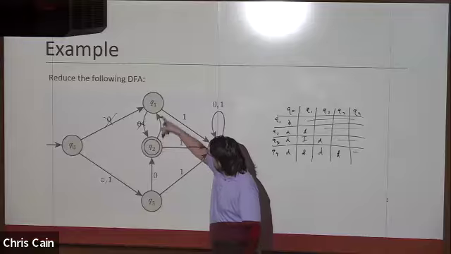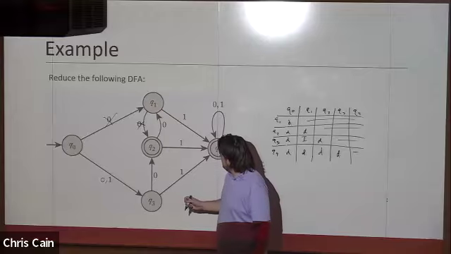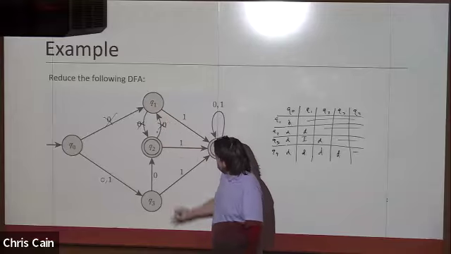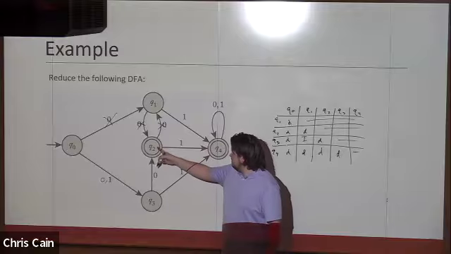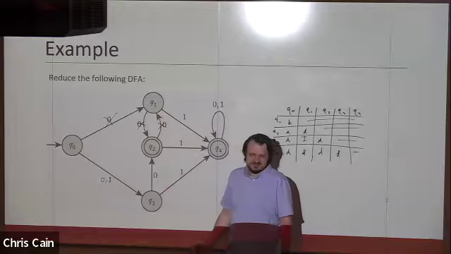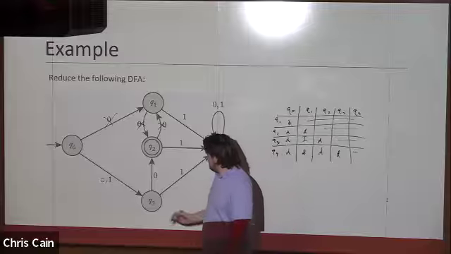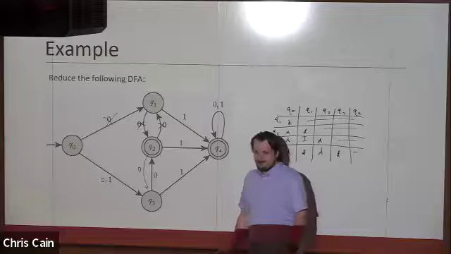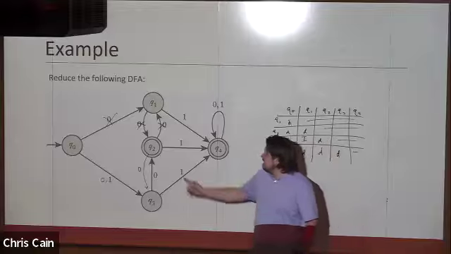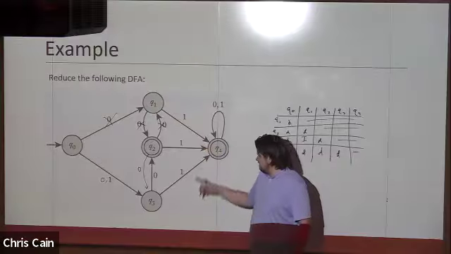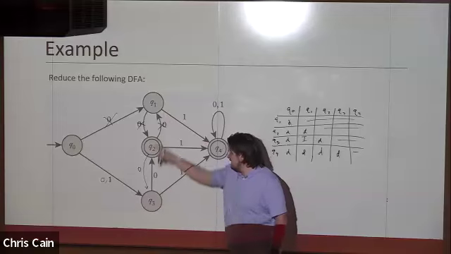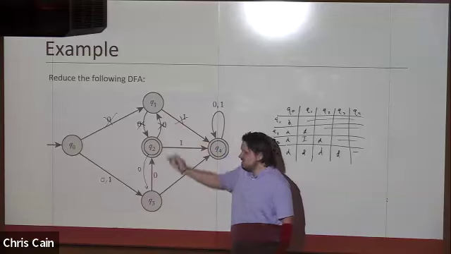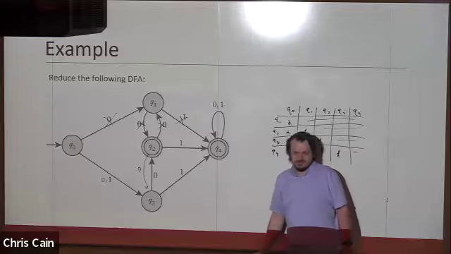This transition into Q1 from here, if we remove this edge, we no longer have the ability for Q2 to read a 0. Where should it go? Into Q3, yeah. So we're going to reroute this edge to there. This edge as a 1 going here is the same as a 1, since these two states are indistinguishable, so we can just get rid of this edge and no further work is required.